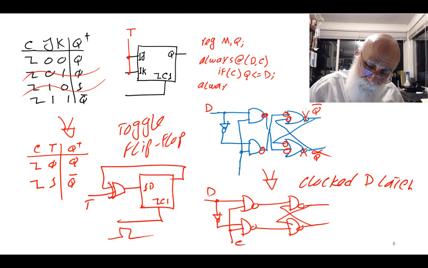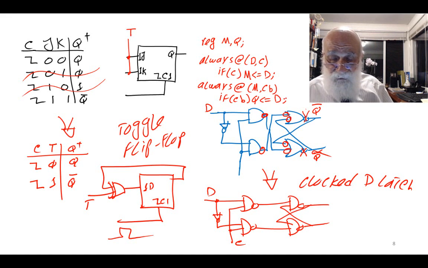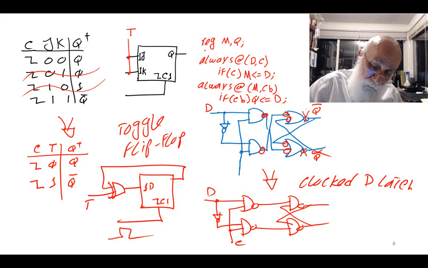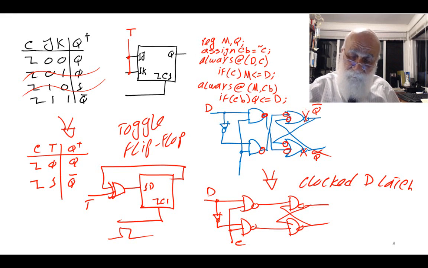Then you have always at D comma clock bar, if clock bar, sorry, not D, not Q. Okay, and somewhere assign clock bar equal tilde clock.